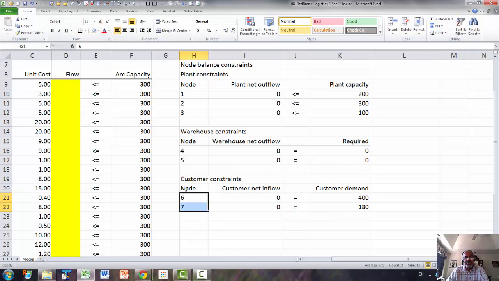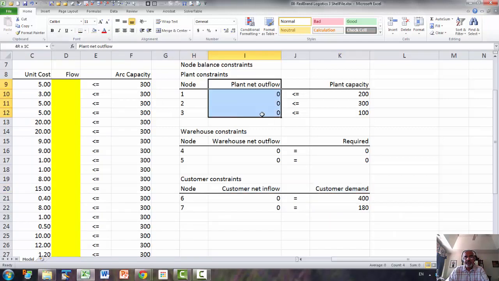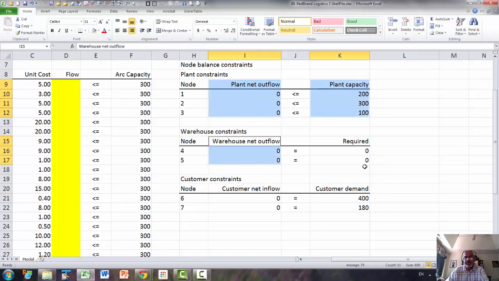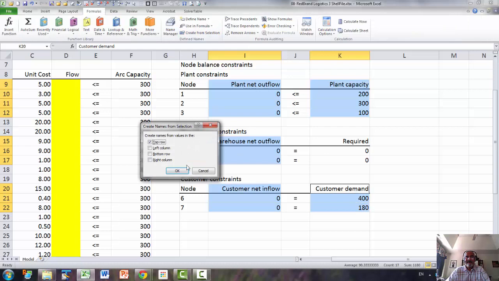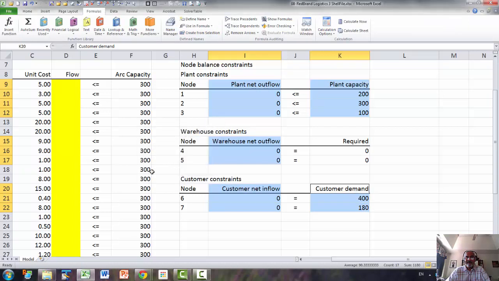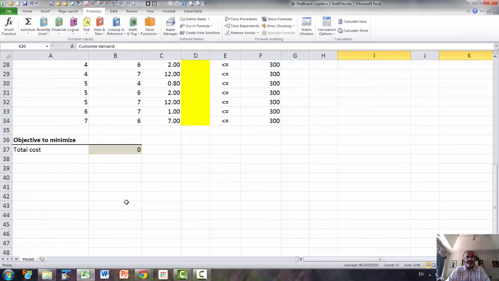Okay, you need to make sure that everything is aligned properly. Okay, so now let's give names for these. We'll just use 0 for required here, so we won't name that. Okay, now let's name total cost.